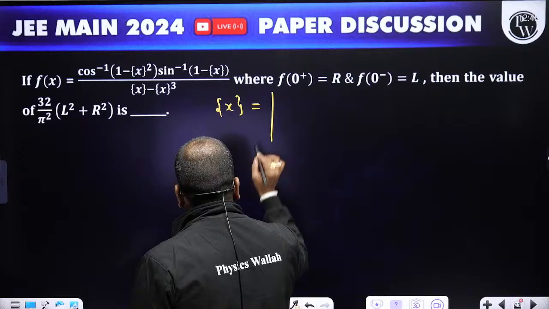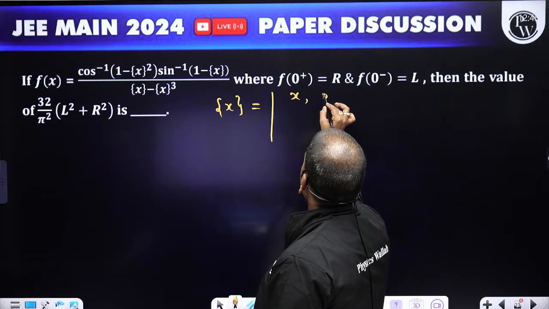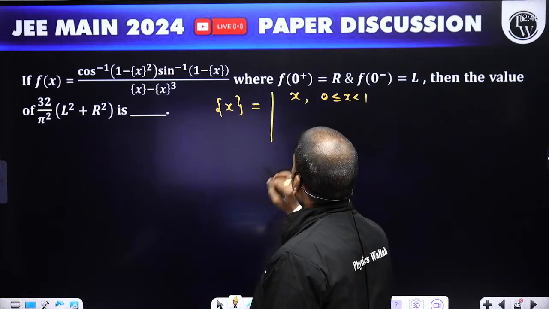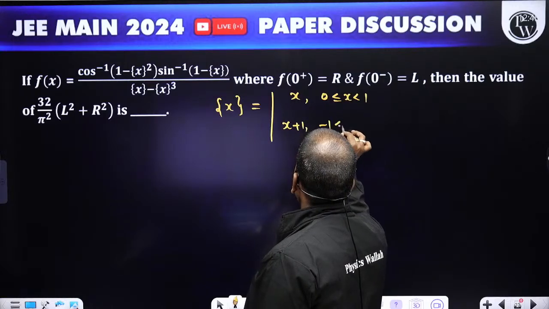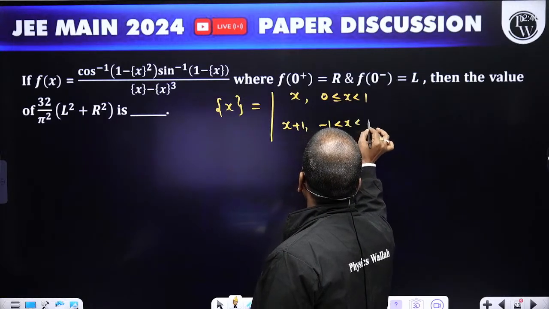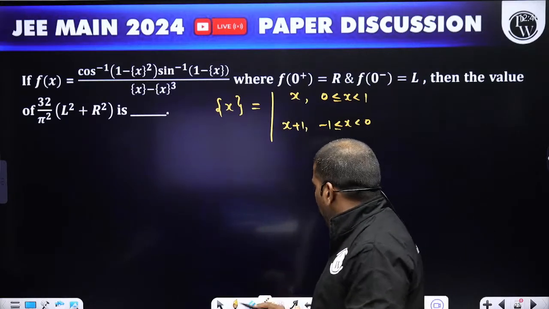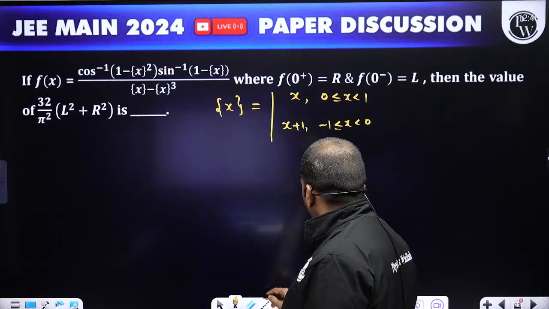Fractional part of x is equal to x when 0 is less than or equal to x is less than 1. This is x plus 1 when minus 1 is less than x is less than 0. So this is what the answer is. This is the most important point for us.